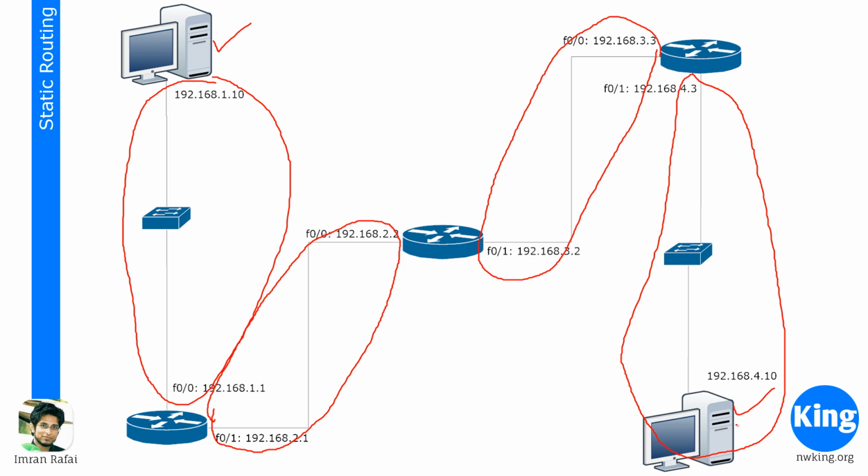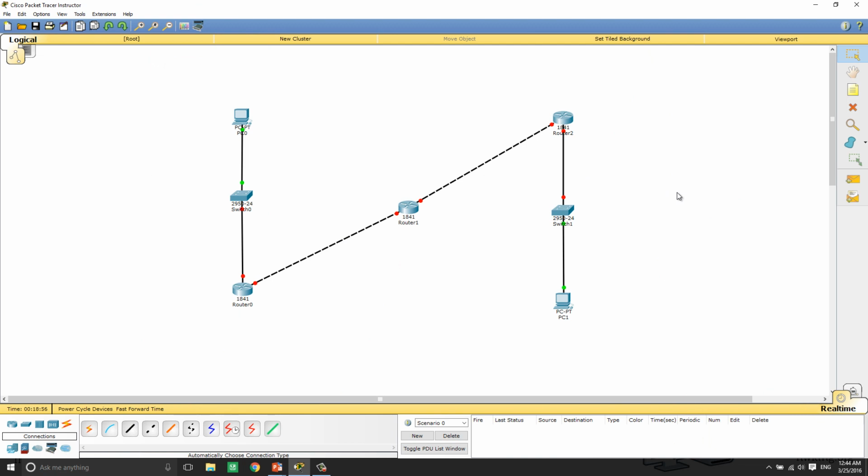That's how we learned. Now, we did not discuss how the routing table is generated, right? So let's put this in Packet Tracer, and then we'll see how we develop this whole routing concept. Alright, I put the same diagram in Packet Tracer.